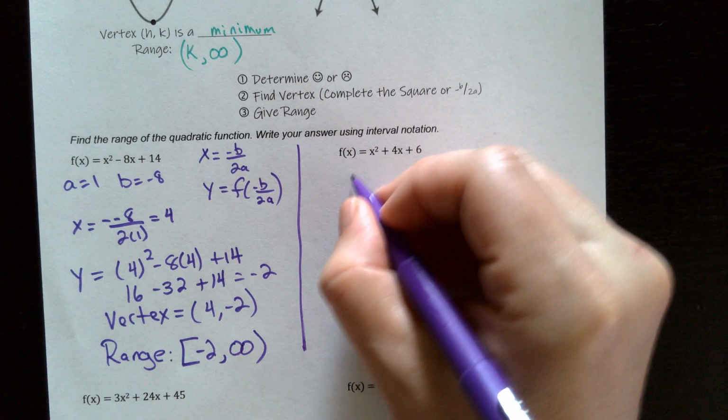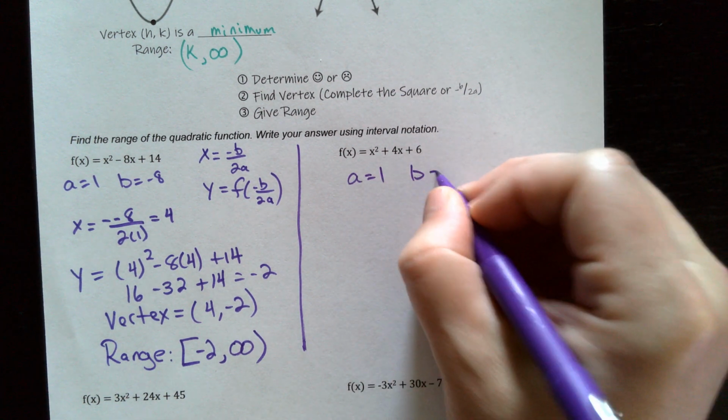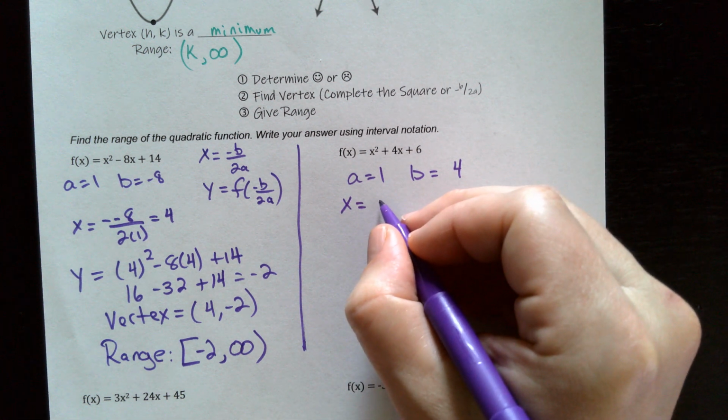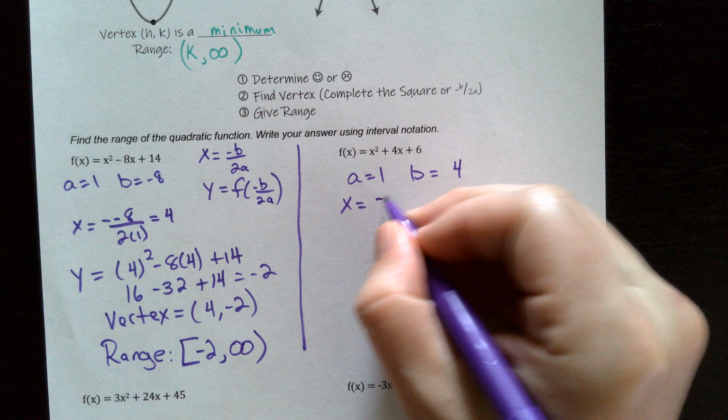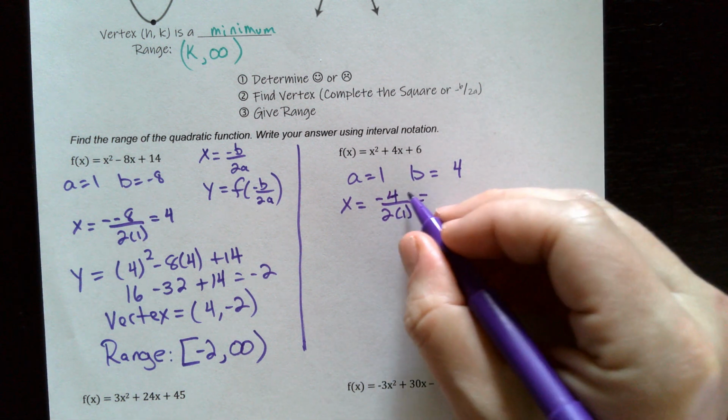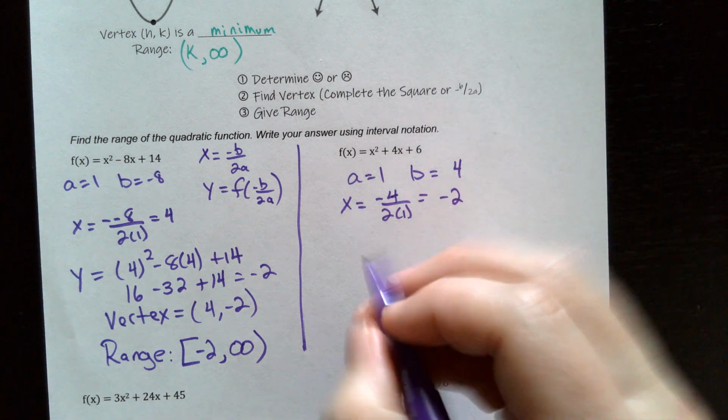So we've got a equal to 1, b equal to 4. x is equal to negative b over 2a, so negative 4 over 2 times 1, which is negative 2. There's our x-coordinate.